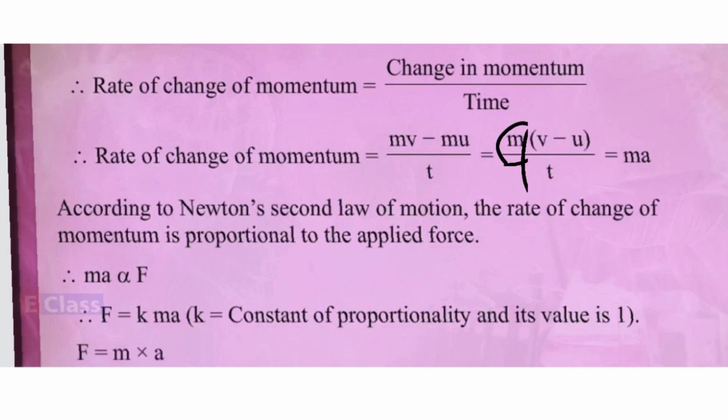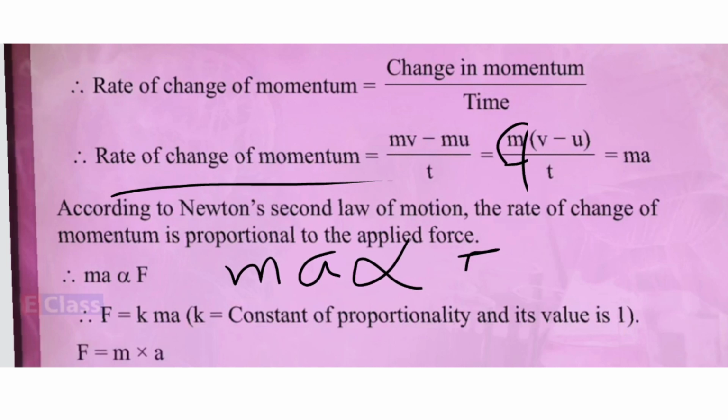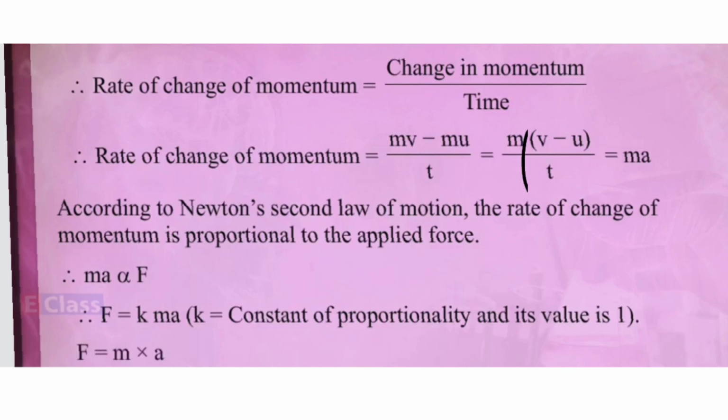So according to Newton's second law of motion, the rate of change of momentum, that is this part, what we got, ma, is directly proportional to the applied force. So ma is directly proportional to the applied force. Here it is mentioned. Correct? So this is Newton's second law.